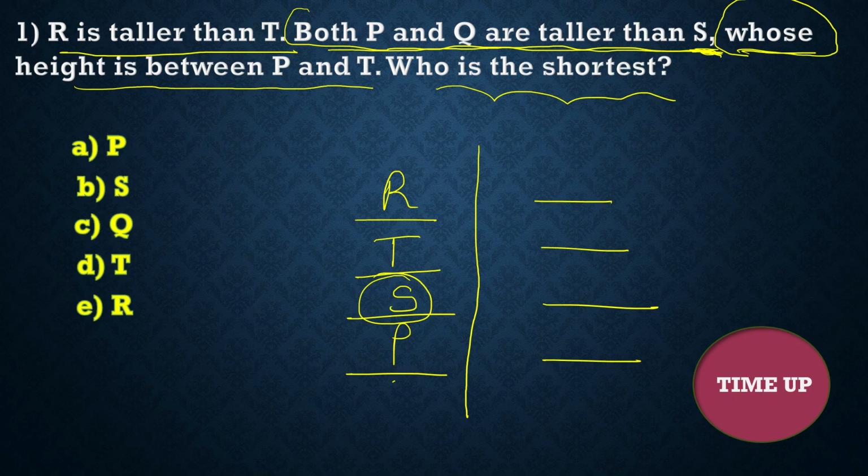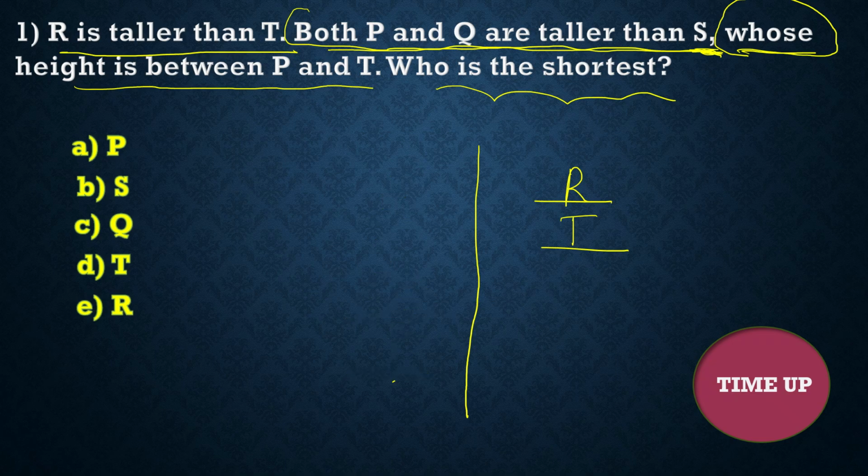So simply, if I place R and T here, and then if I place both P and Q are taller than S. P and Q are taller than S, they have said. Correct? So forget about this.